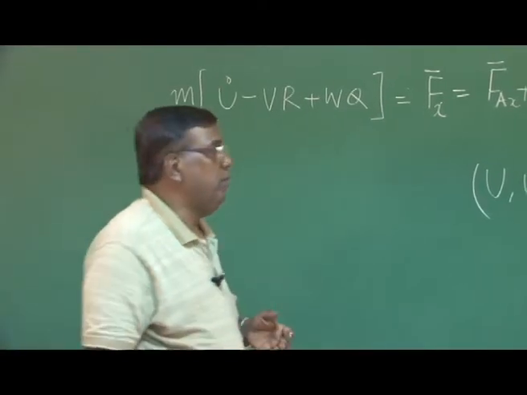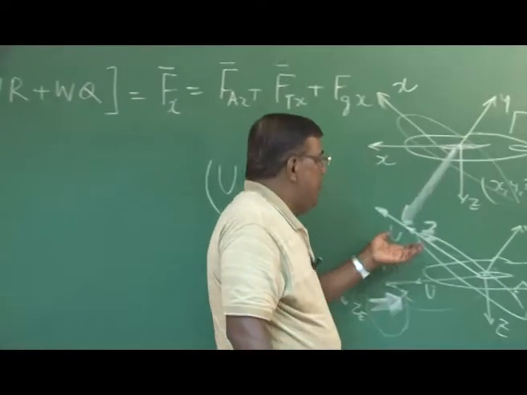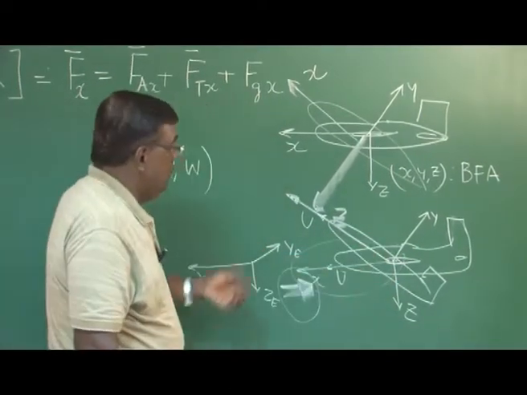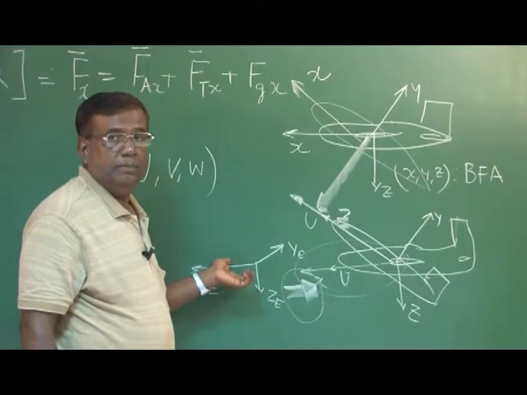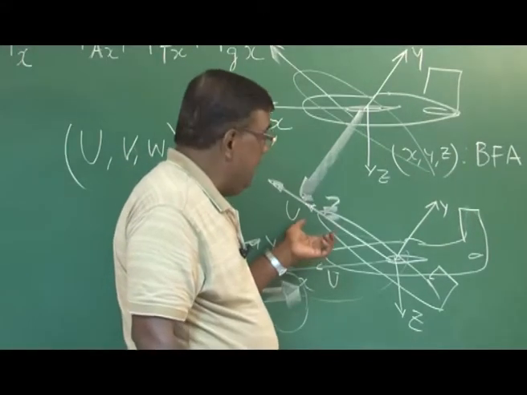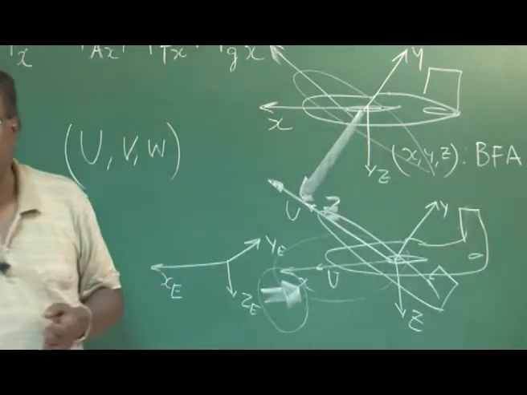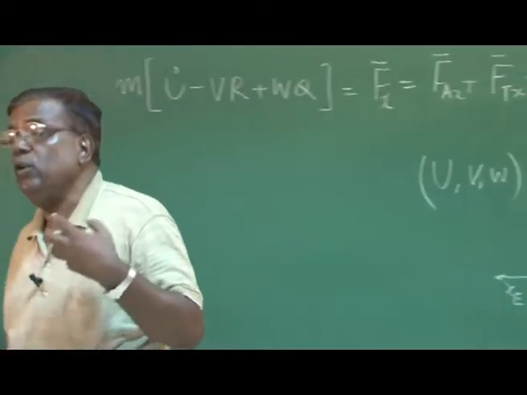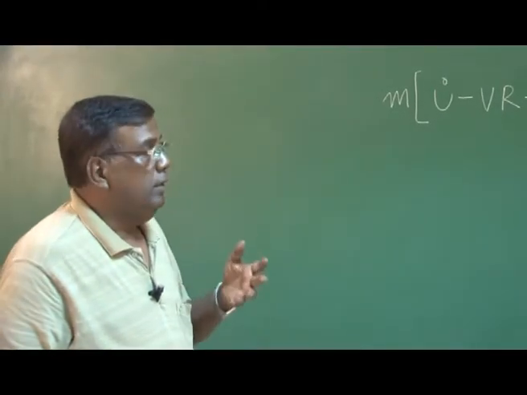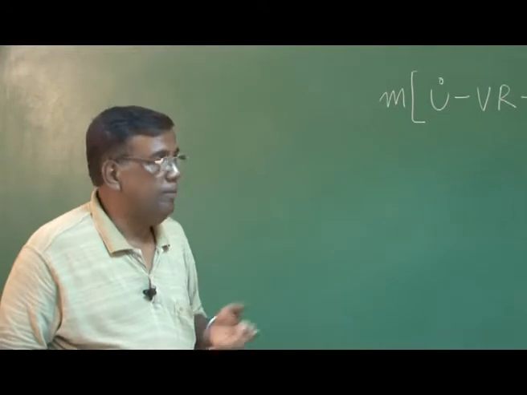So what is the way out? Way out is we measure the orientation of this body with respect to the inertial frame, right? So that is the way we handle the orientation of the axis, or we try to locate the airplane with respect to the inertial frame.